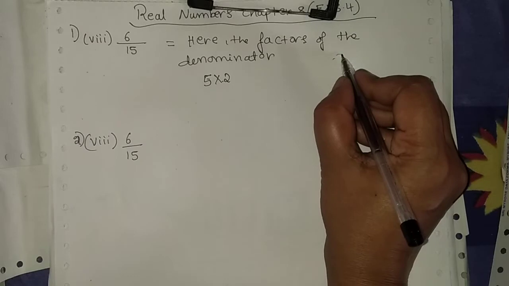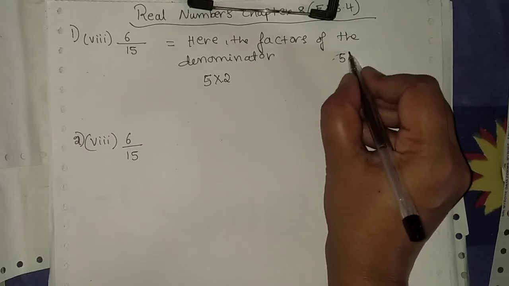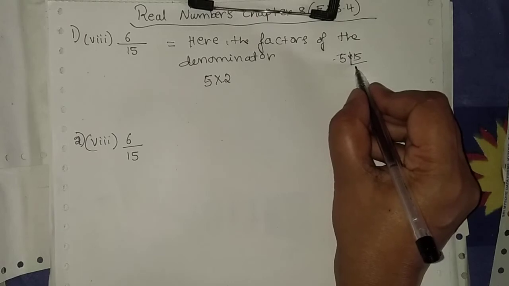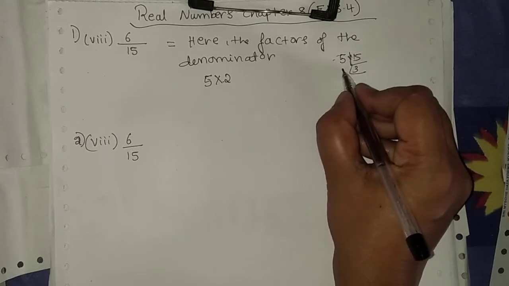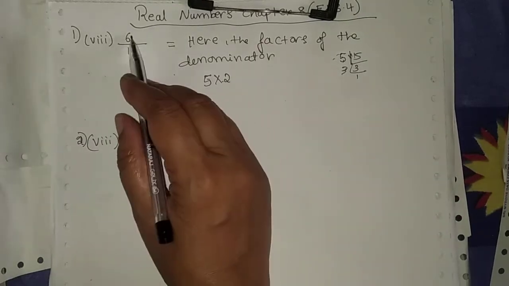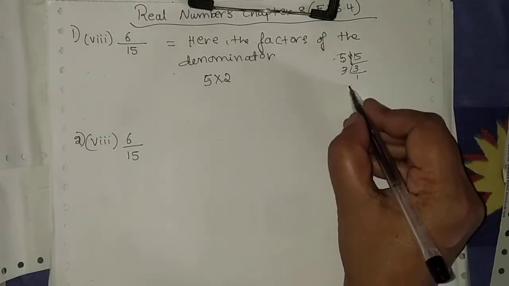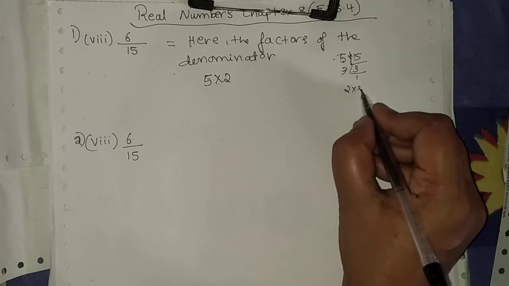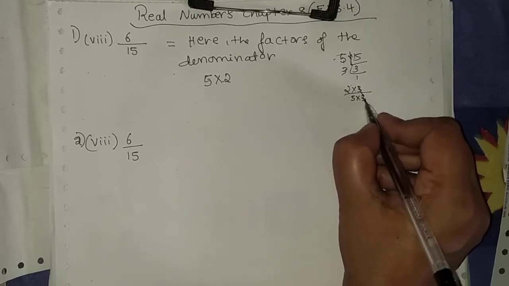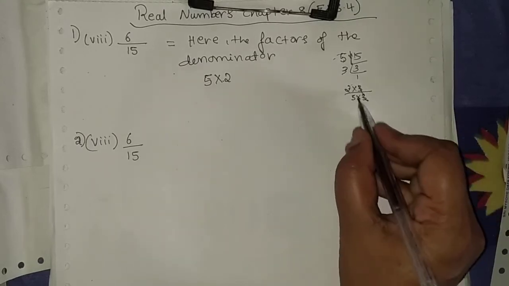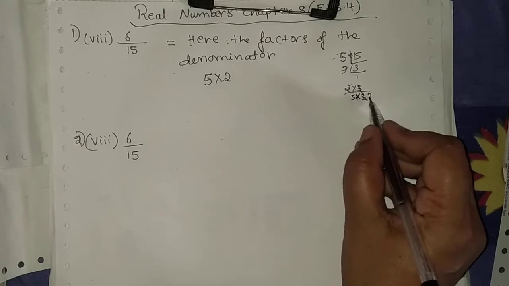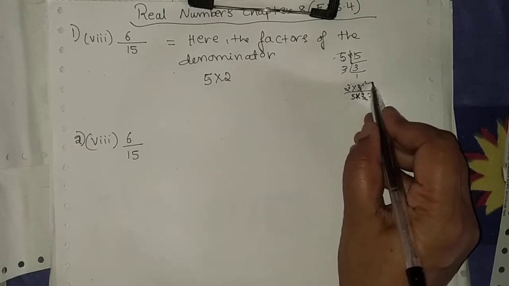If we can't understand, just write here 15, factorize this, 5, 3 we are getting. This can be written as, here I'll just show 2 into 3 over 5 into 3 in the denominator, this 3 cancels. So here 2 is there, we can include 2 here.